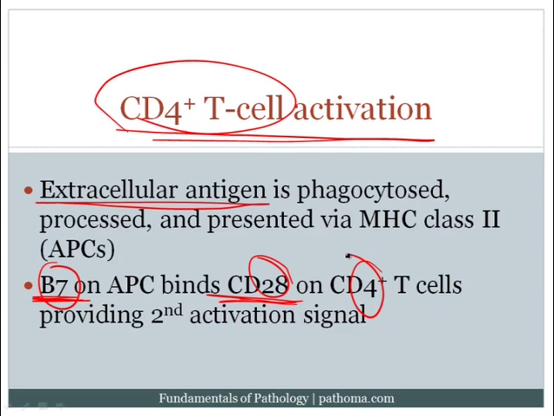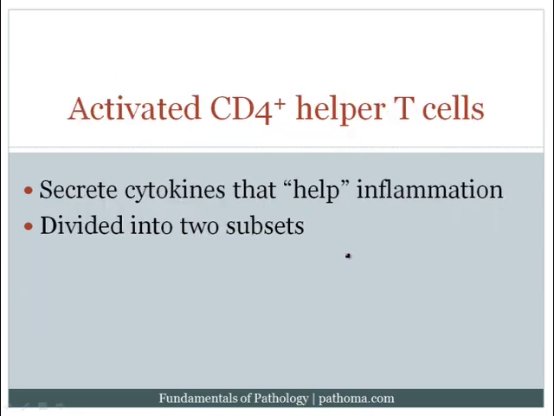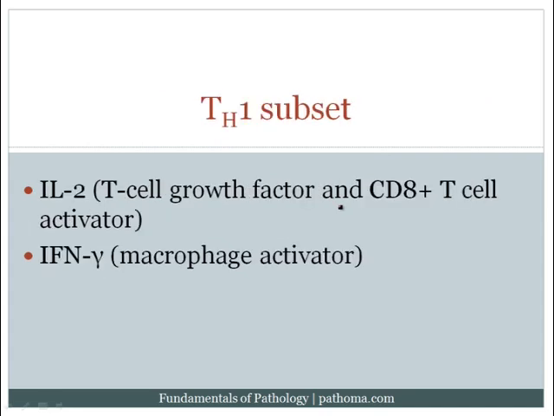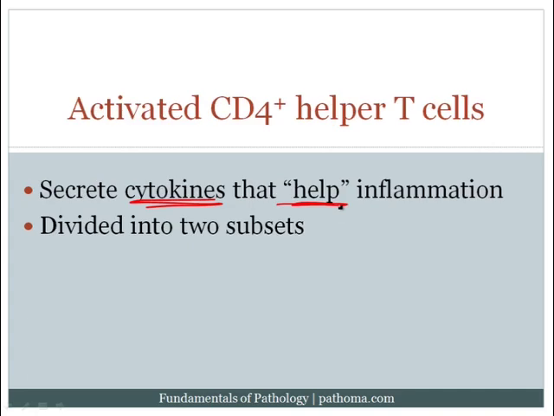Now once CD4 positive T cells are activated, they will secrete cytokines. These cytokines help inflammation, and that's why they're called CD4 positive helper T cells. Interestingly, the CD4 positive T cells are divided into two subsets, and the two subsets help the two types of inflammation that occur in chronic inflammation. Why don't I take you one slide back and go over this briefly.